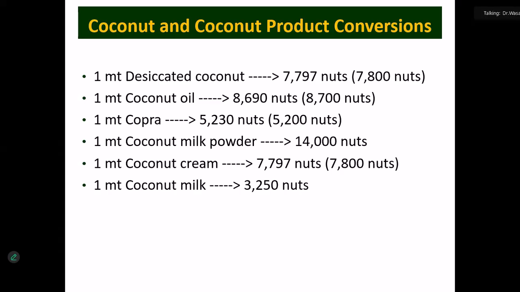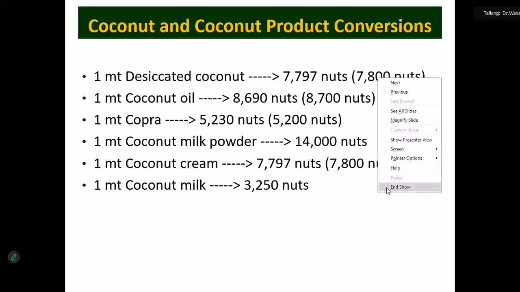Now, I have given you this number of nuts. You should know the weight of a dehusked nut. To get 7,800 nuts, what is the average weight of a nut after dehusking? That should be here. I will give that one.